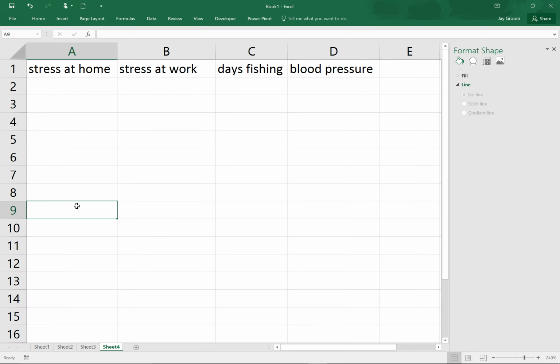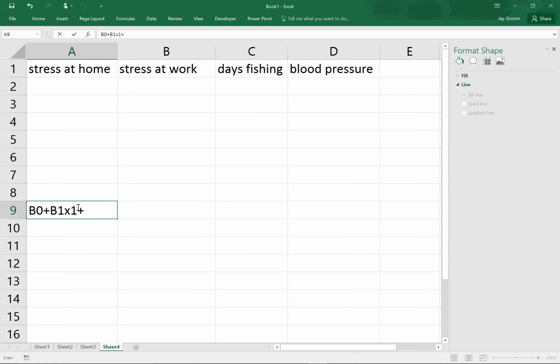My model is going to look something like this. I'm going to have some constant, I'll call it beta naught, which is my baseline blood pressure. Plus I'm going to have some stress at home. It's going to add maybe 3.4 points or something, maybe 17, whatever, to my blood pressure.